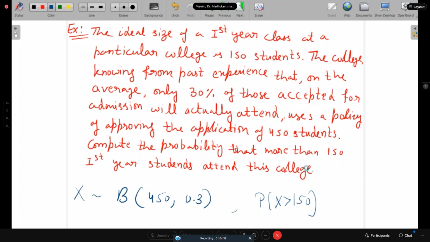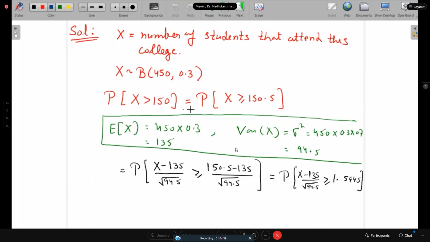So if I do so, you are interested in the probability of X greater than 150. The expectation of X equals 450 times 0.3, which is 135, and the variance of X is npq, or n times p times 1 minus p, which is 450 times 0.3 times 0.7, and that is 94.5.